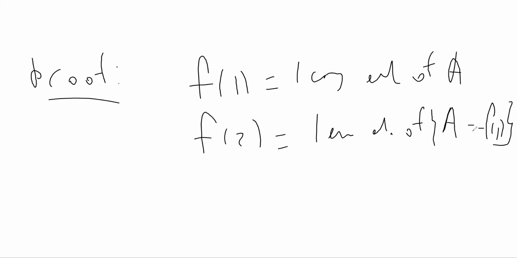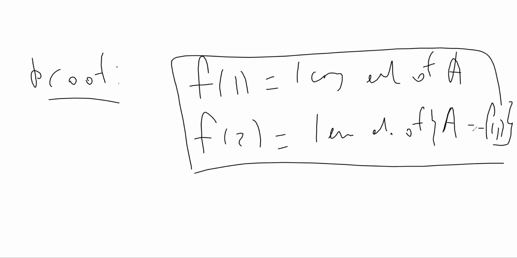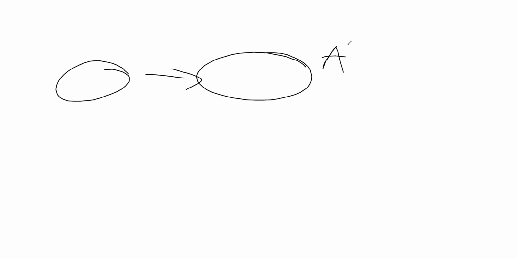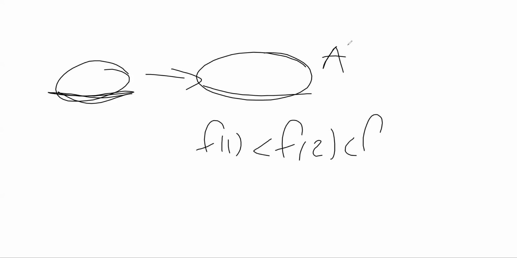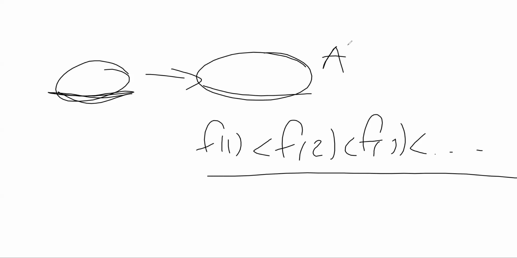What Nadir said is we can find a function that maps the integers into A, and because we have a well ordering here, we just say that f1 is less than f2 is less than f3 and so on, and that would be our ordering. That's what Nadir says, I think.